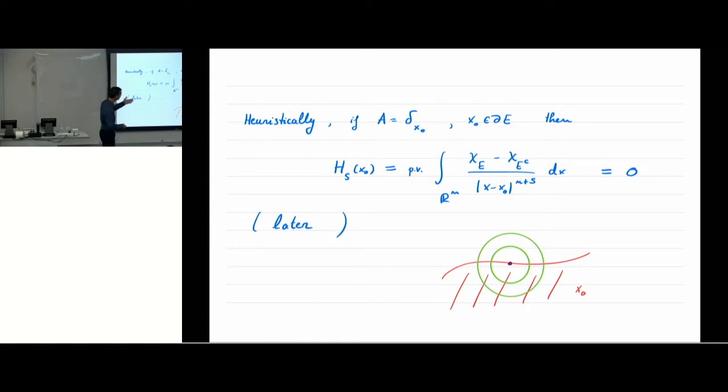If you look at the subsolution, it should be greater than or equal to 0, and you'd obtain essentially that this quantity, which we defined in the other lecture as the non-local s mean curvature, has to be 0.